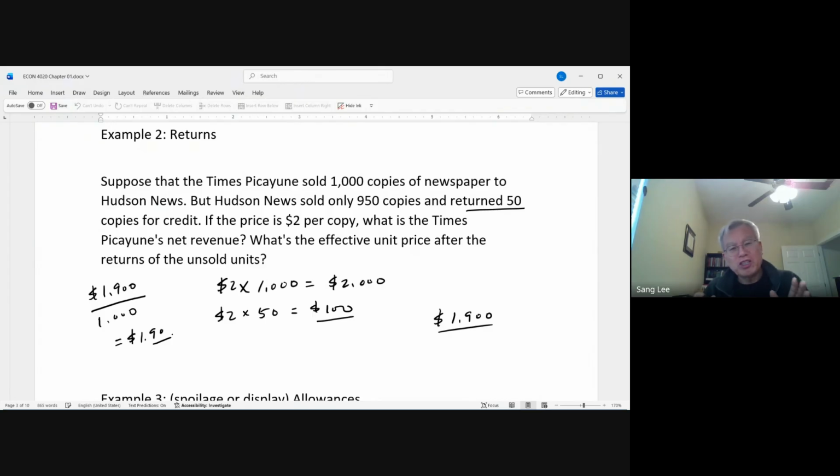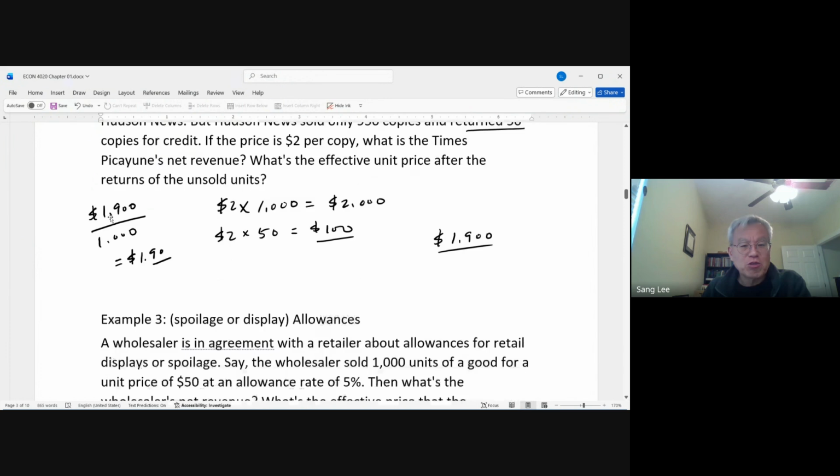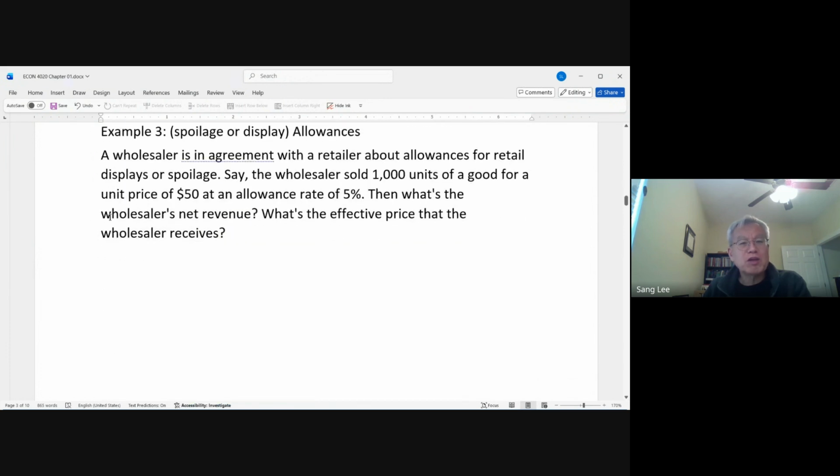All you need to understand here is, just like a price discount and rebate, returns. Whenever you issue credit back for unsold units, that is another example of contra revenue. And the last example of contra revenue is allowances.